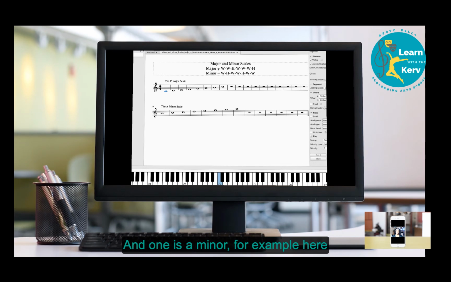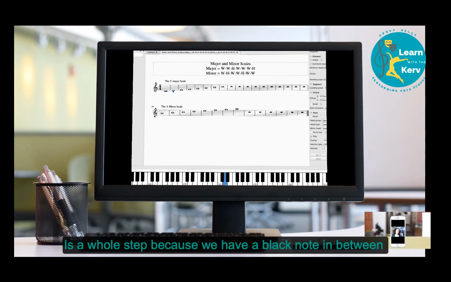For example, here, this is the formula for major scale: whole, half, whole, whole, whole, half. Now, from C, C4 to D is a whole step because we have a black note in between.